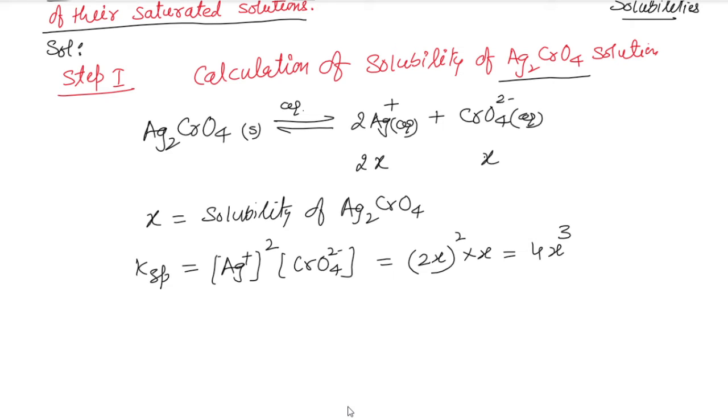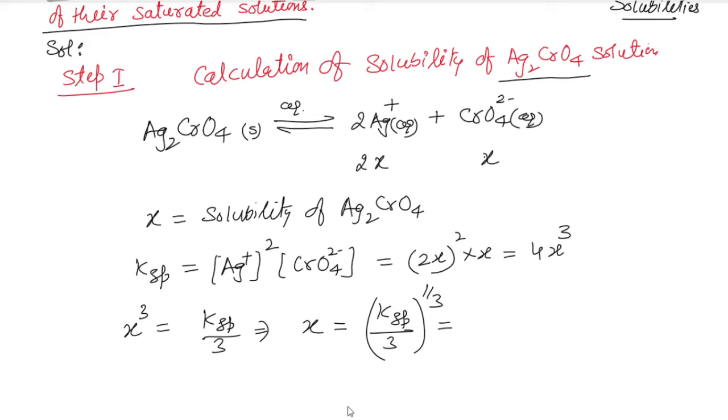So x cube is equal to Ksp over 4, which implies x is equal to Ksp over 4 raised to power 1 by 3.